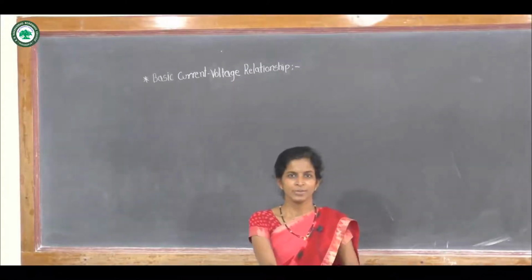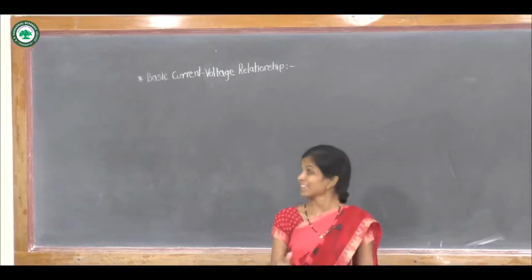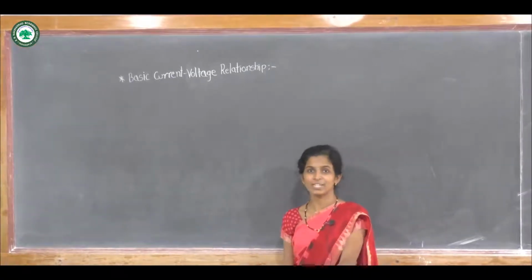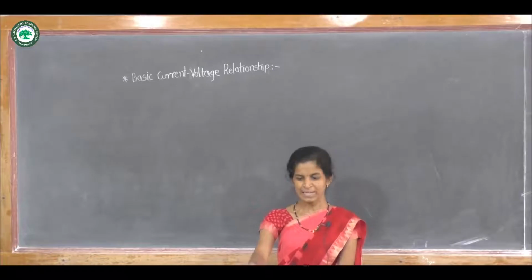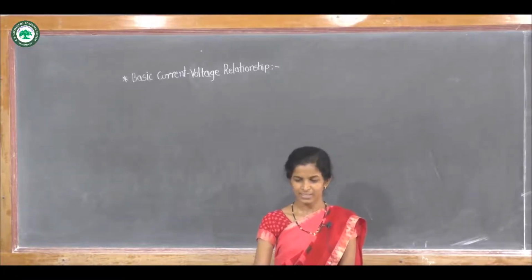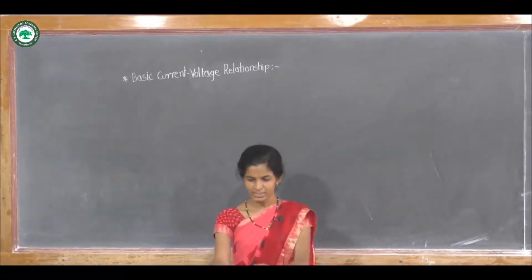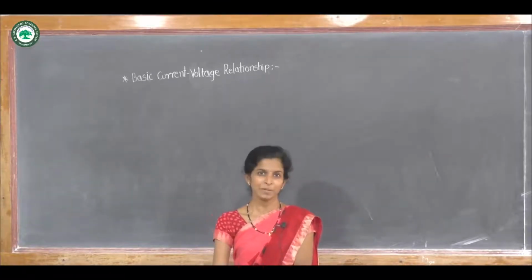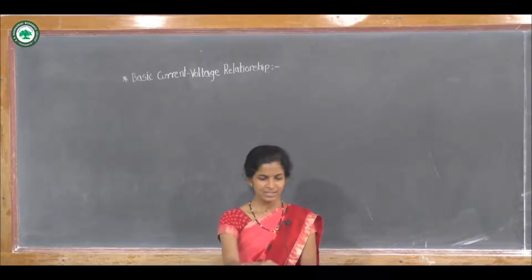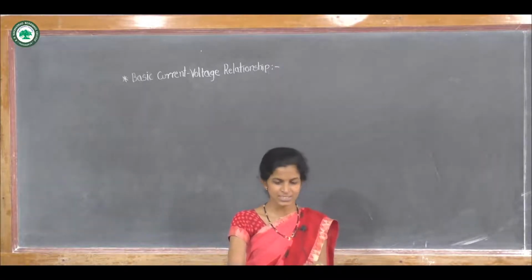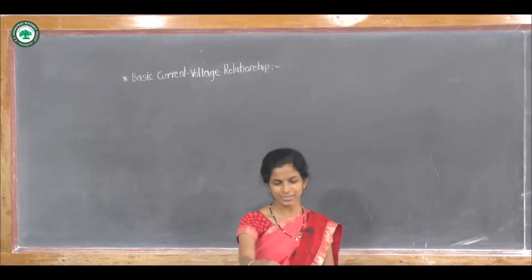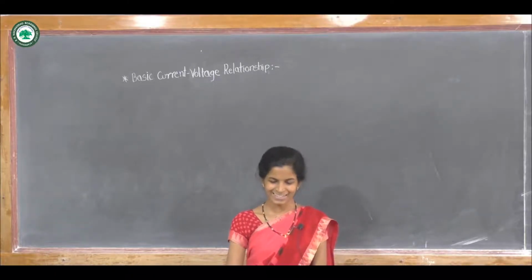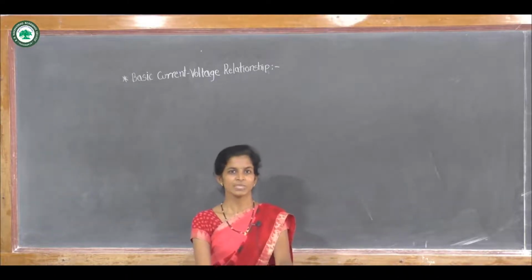Hello students, we were seeing the basic current voltage relationship. In the last lecture we have seen the different symbols and nomenclature of the transistor, that is PNP and NPN transistor, and the three different configurations: common base, common emitter and common collector.